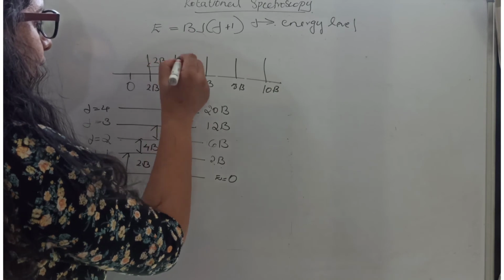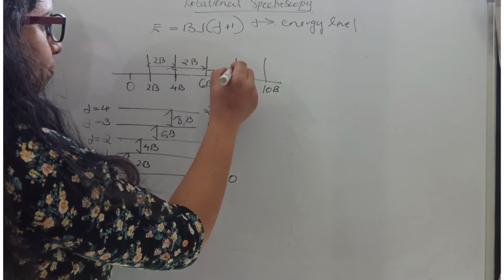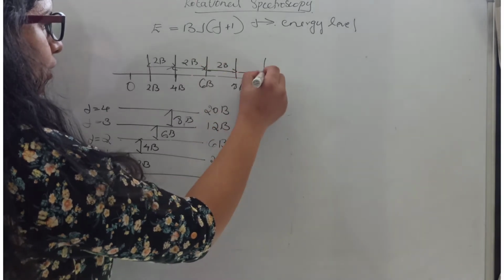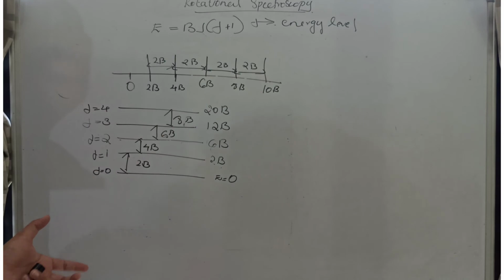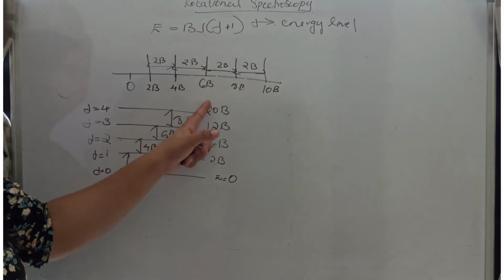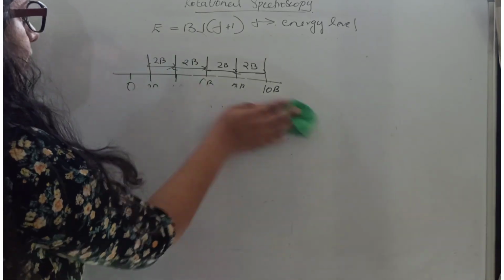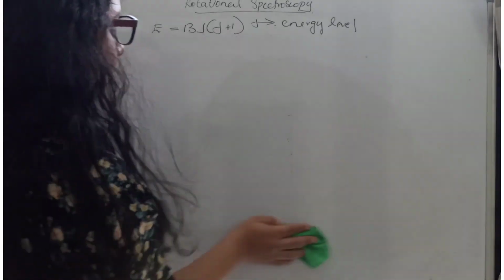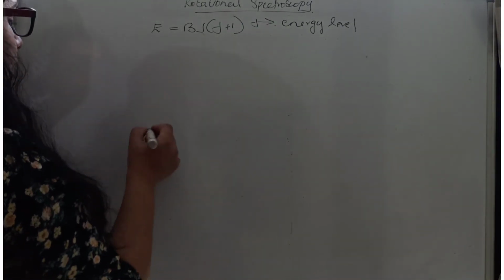What is the energy gap? 2B to 4B is a gap of 2B, 4B to 6B is again 2B, 6B to 8B is again 2B, and 8B to 10B is again 2B. So the gap between two rotational lines is 2B. You should remember that, because many questions will come. They may give two lines and ask you to find the line in between.